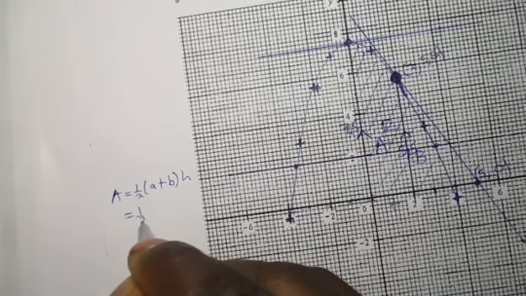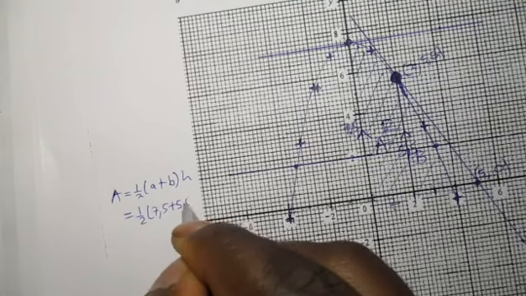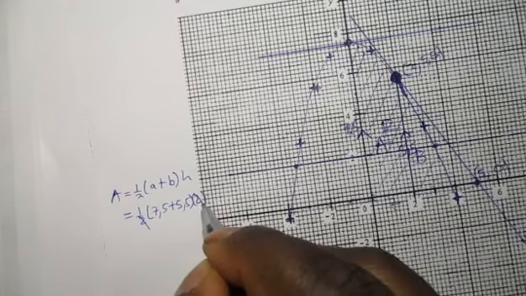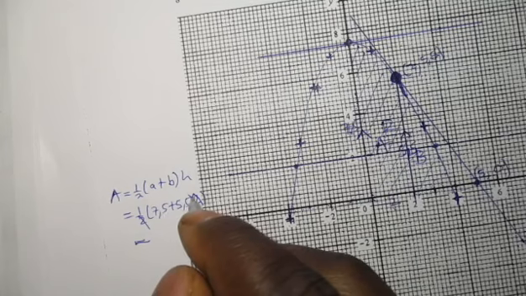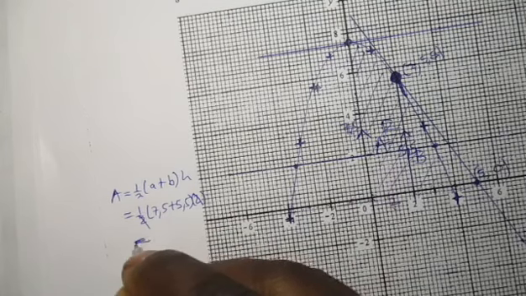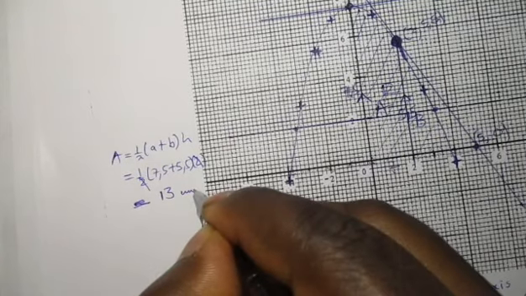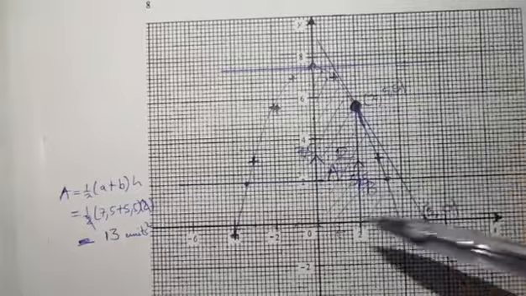So half, 7,5 plus 5,5, then your height is 2. So the 2 and the 2 cancel each other. Right. So 7,5 plus 5,5, you get 13. So 13 square units is the area bounded under shape A.